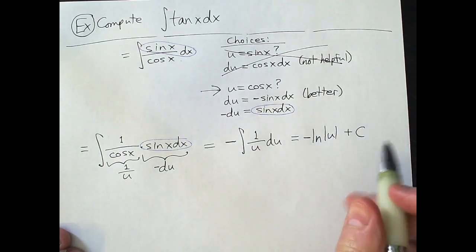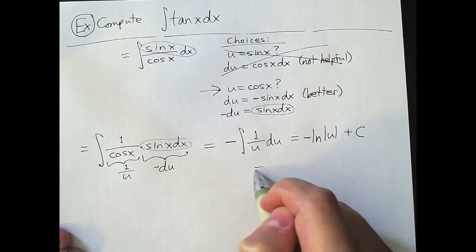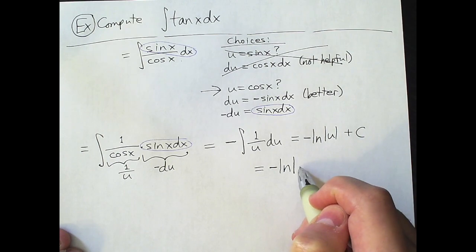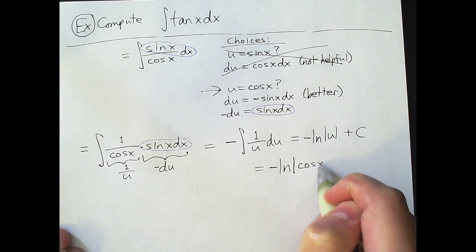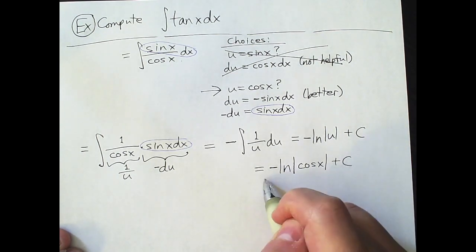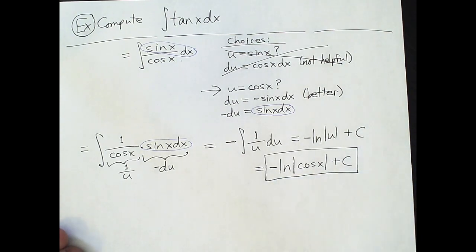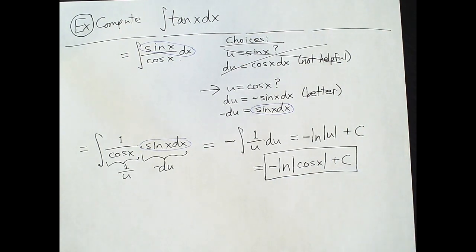Getting the answer back in terms of x, you get negative ln absolute value cosine x, plus c. So, believe it or not, that is the integral of tangent x. Technically, you could check it by finding the derivative.